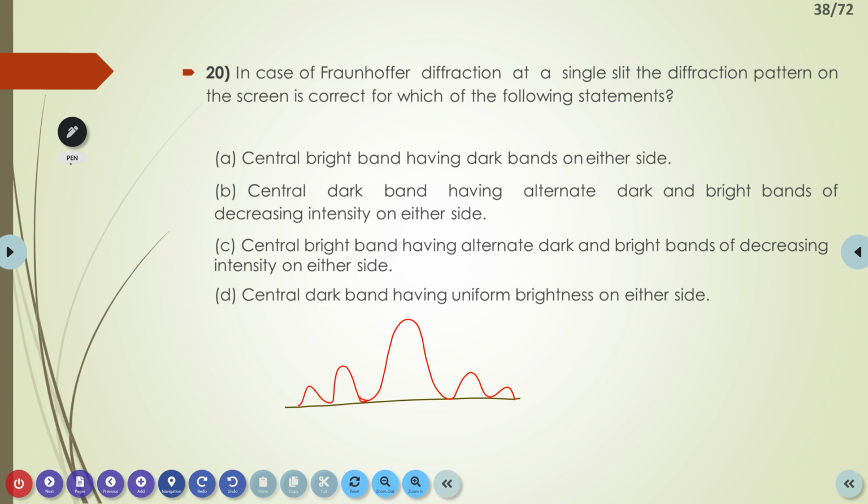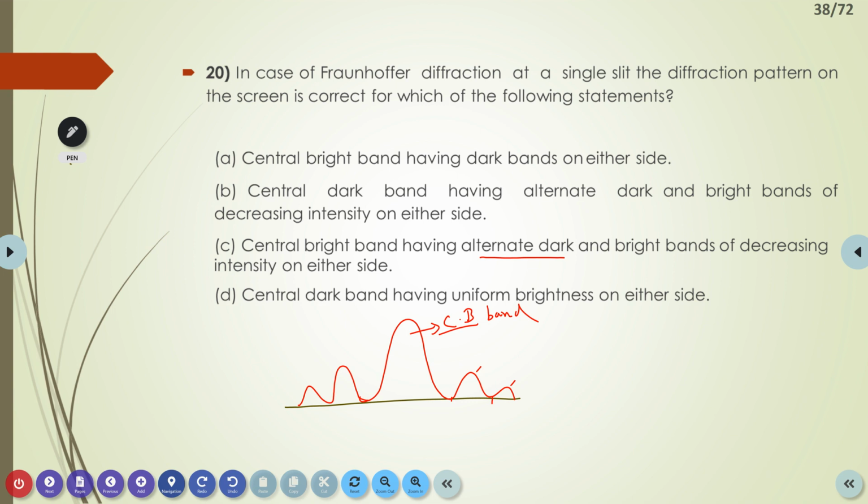This is called the central bright band, and these are the minima, secondary minima, and secondary maxima. So the central bright band has alternate dark and bright bands of decreasing intensity on either side.